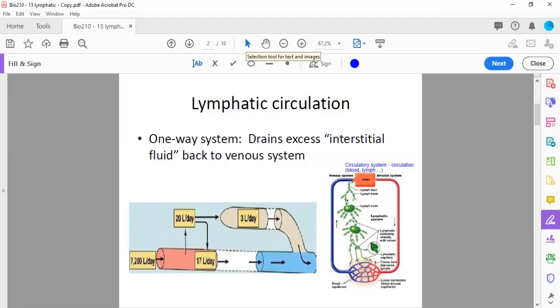Now, do keep in mind that we do have some water in the tissues, yes. But when you have an excess collection of water, the tissue becomes puffy, and that is known as edema. Is it normal?